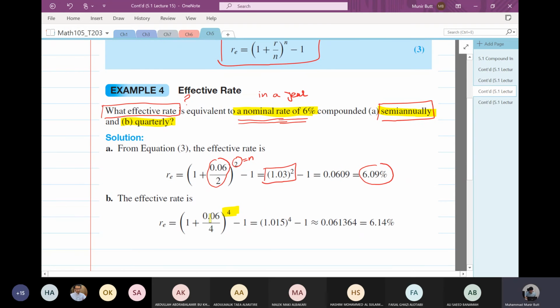So here you see 6% is divided by 4, and the rest is just a calculation, and you will get 6.14%. So the effective rate in the first case, semi-annually, is 6.09%, and the effective rate is bigger when we have quarterly data.